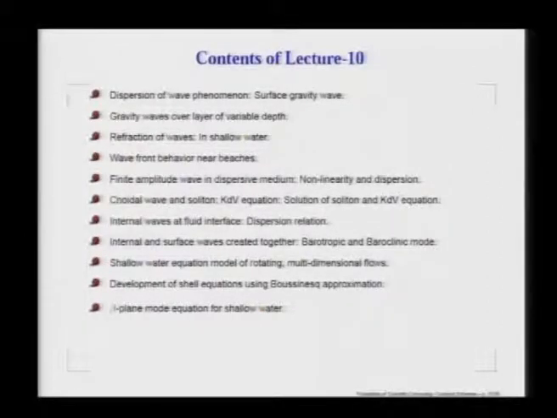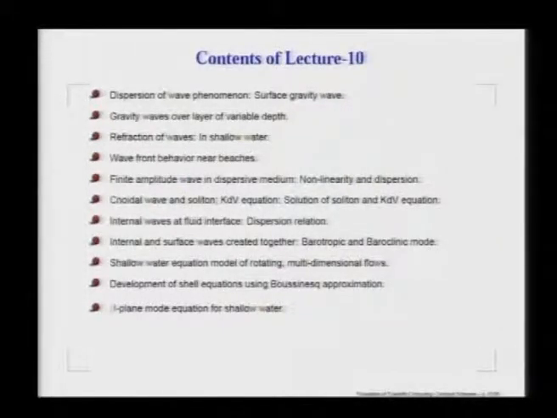Now, coming back to our discussion on waves, we will finally leave behind surface gravity waves and start talking about internal waves. These internal waves are formed at fluid interfaces, and we will try to describe their dispersion relation.